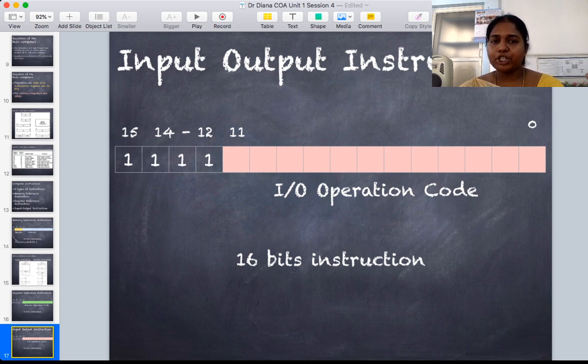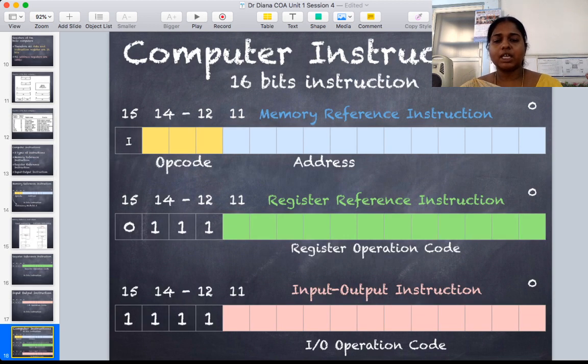And the operation to be performed is specified in bits 0 to 11, because these bits are not required to specify any address from the memory. They are used to specify the operation to be performed. So these three are the instruction formats we have seen.